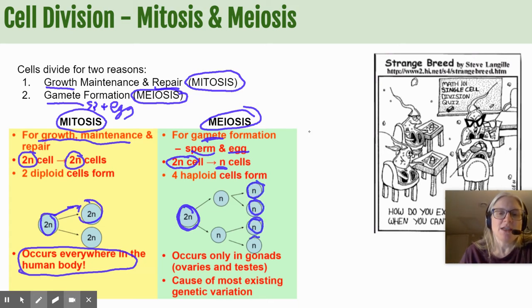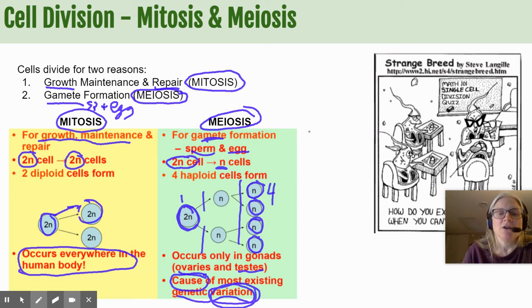And these are all your gametes, or eggs or your sperm. So one cell here divides into 4. And there's 2 stages of division. 2 divisions occur there. Now, this process is only happening in the gonads, the ovaries, and the testes. Okay, and this is where you're going to get genetic variation. This is the cause for why we all look different and why we aren't just identical copies of each other.